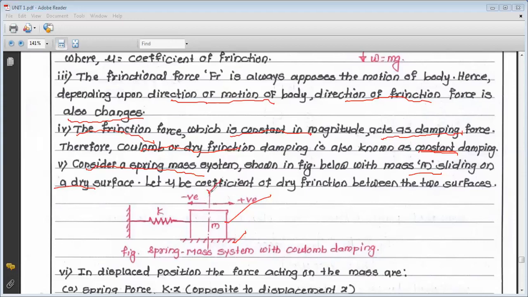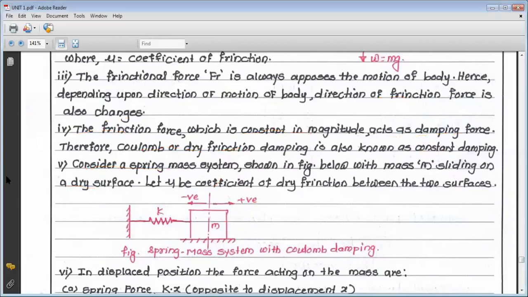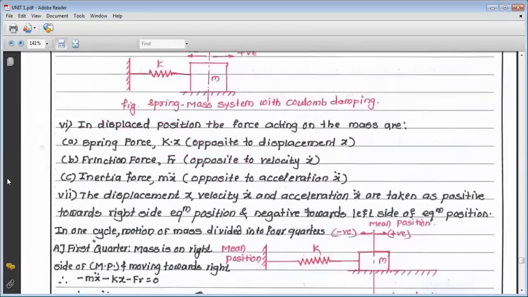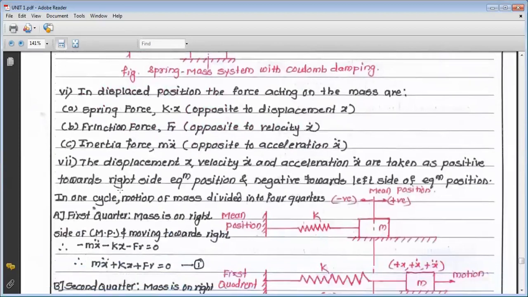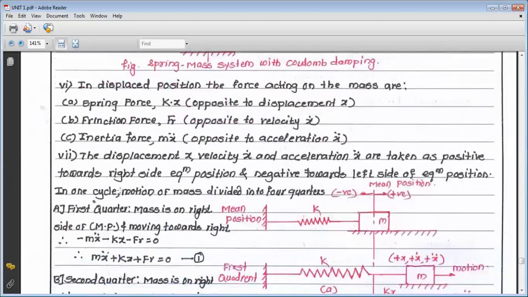Now we will take the right side forces as positive and left side forces as negative. This is for sign convention. So in the displaced position, if we displace this mass from the mean position, there are a total of 4 quadrants.